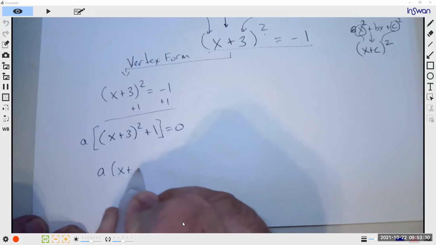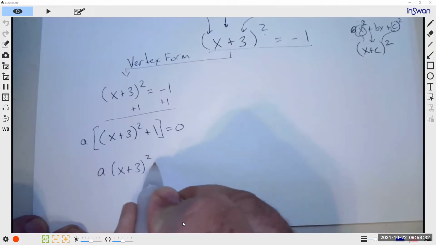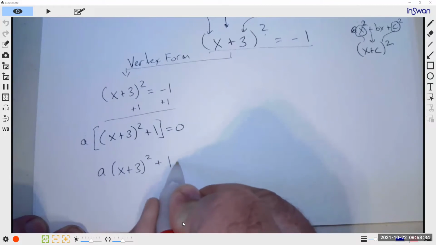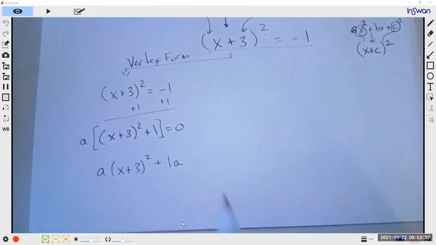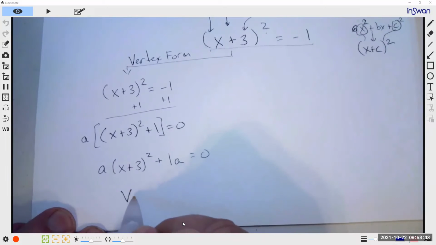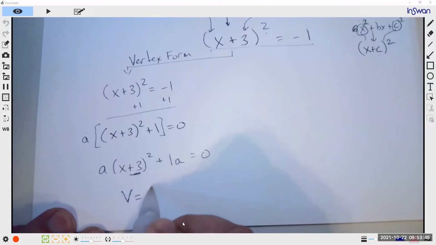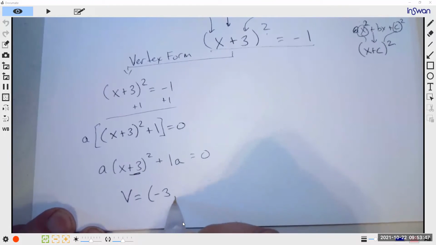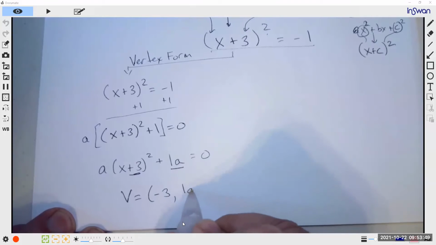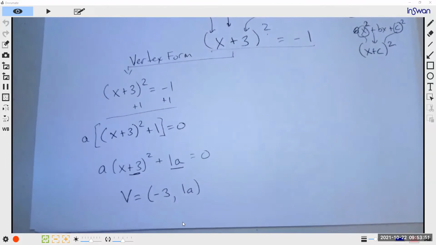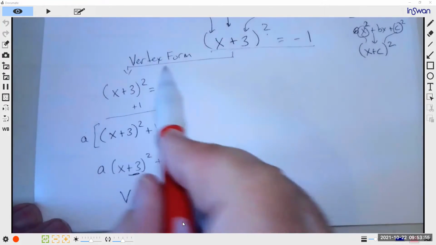So we'll have a, whatever that equation is. The vertex is whatever's inside there and whatever is outside. That's if you want the vertex form.